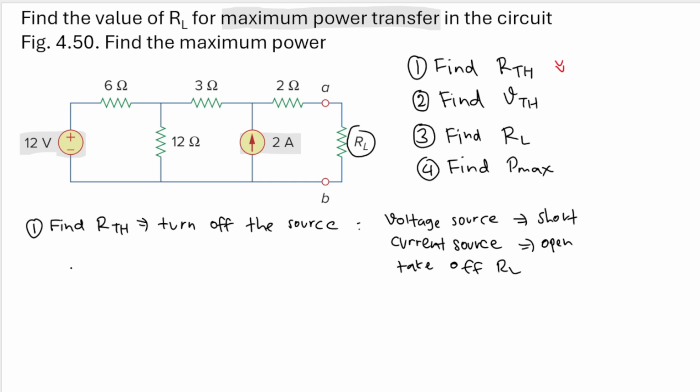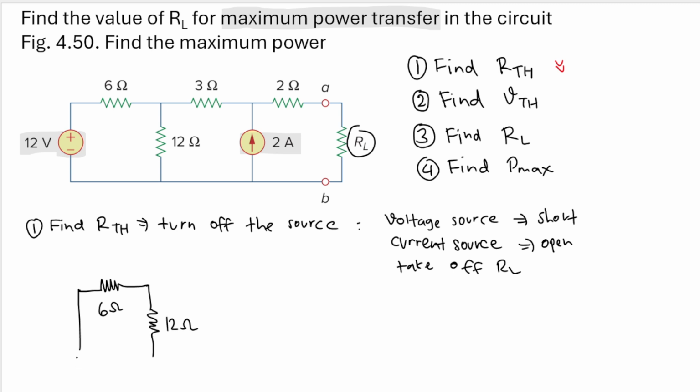We will have this 12-volt voltage source replaced by a short circuit, and then we will have that 6 ohm resistor, and this 12 ohm resistor.